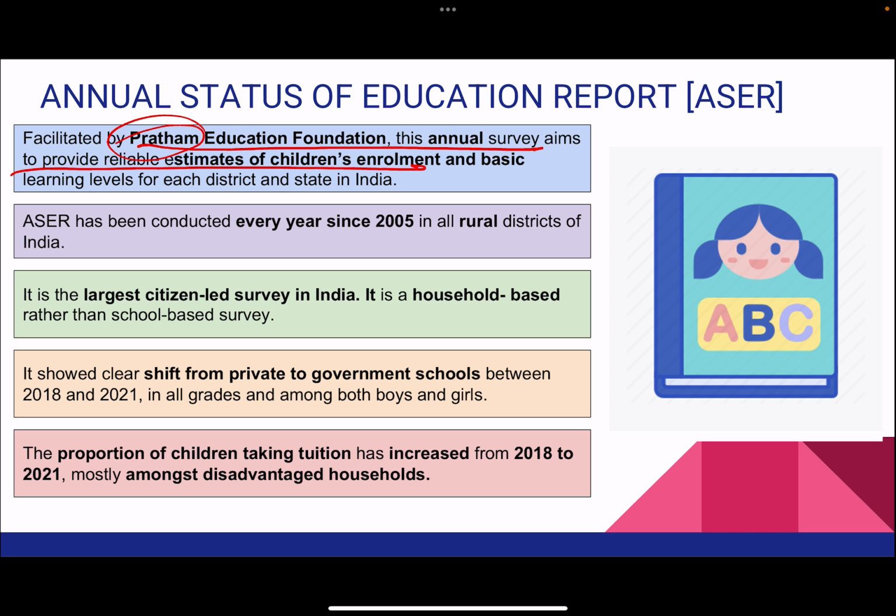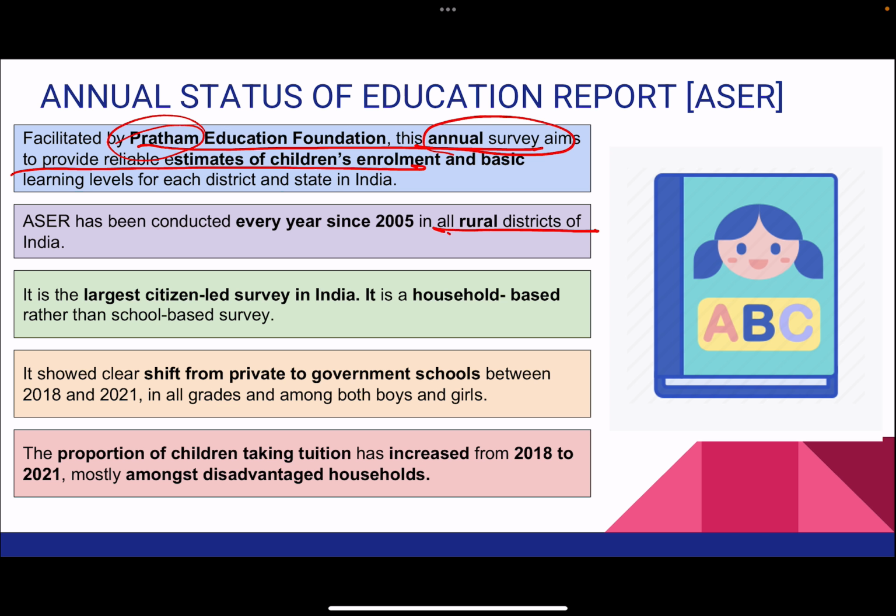It is an annual survey conducted by Pratham that goes to every rural district in India to survey how many students are going to school and what their learning level, or learning outcomes, are.